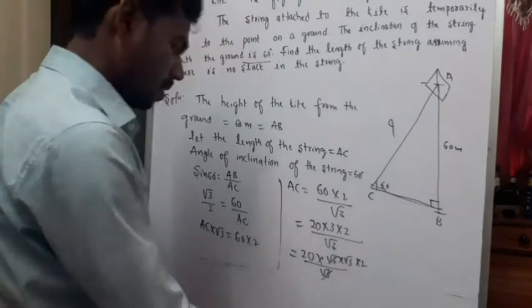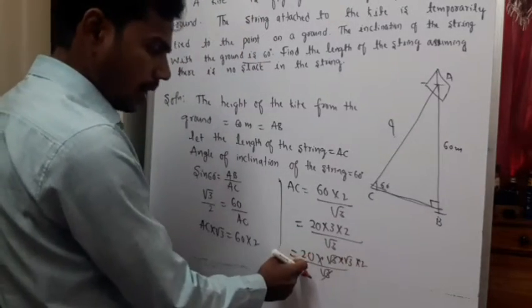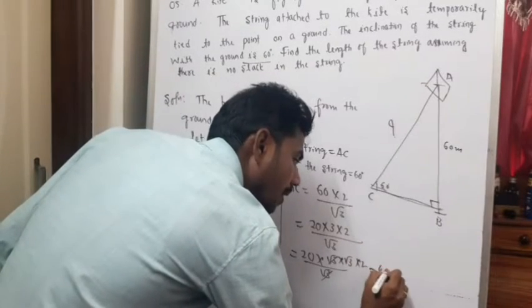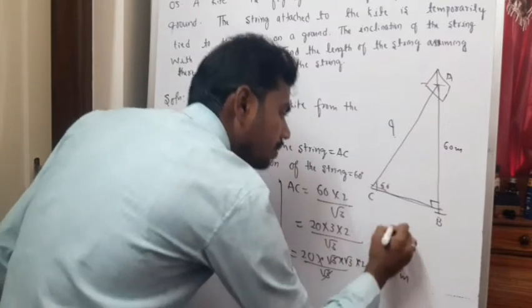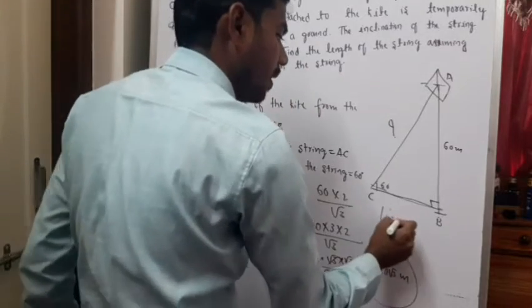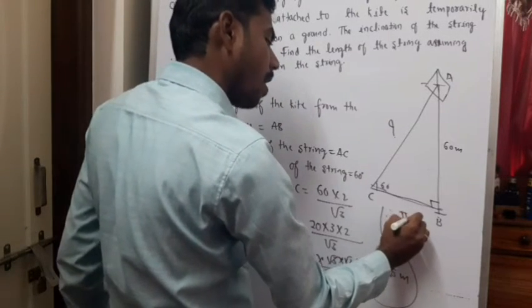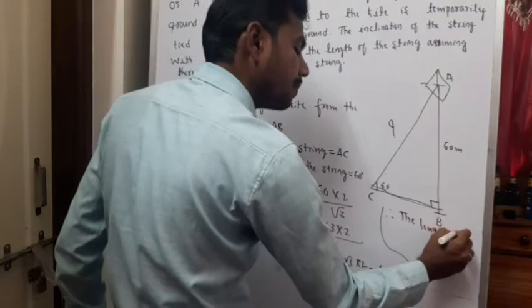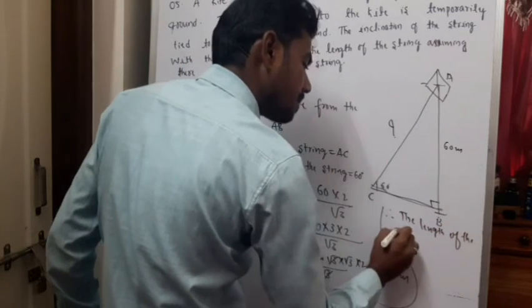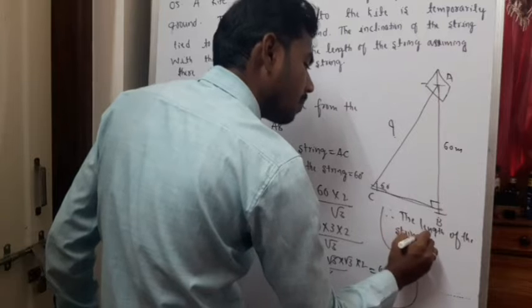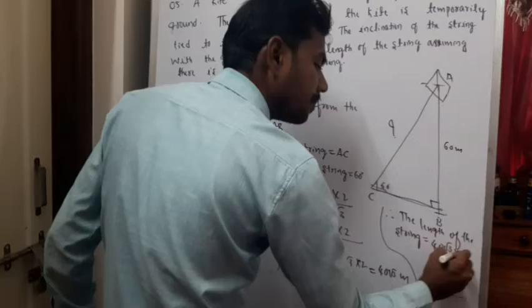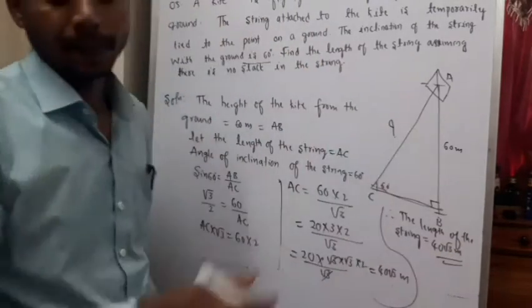Now 20 into 2 gives 40 root 3 meter. Therefore, the length of the string is 40 root 3 meter. So please note this down.